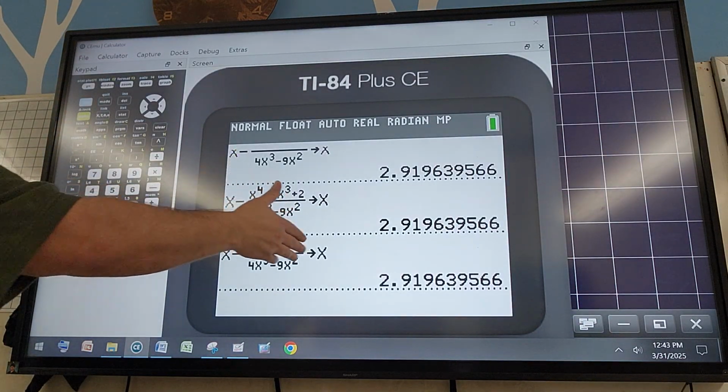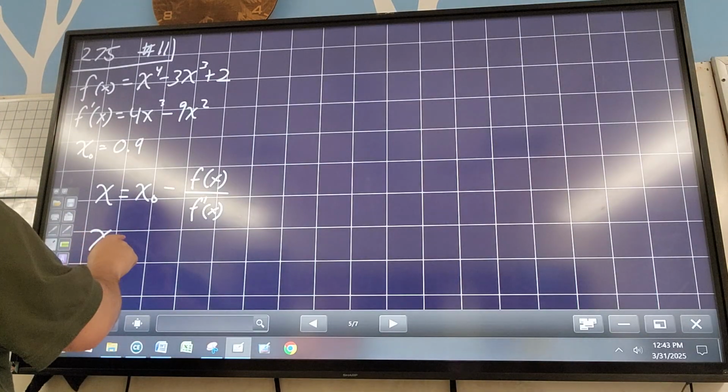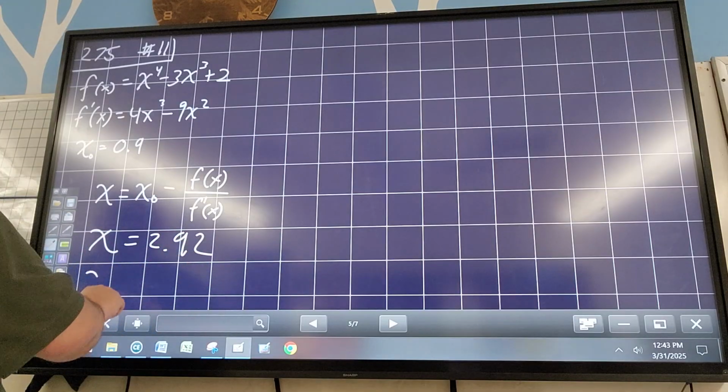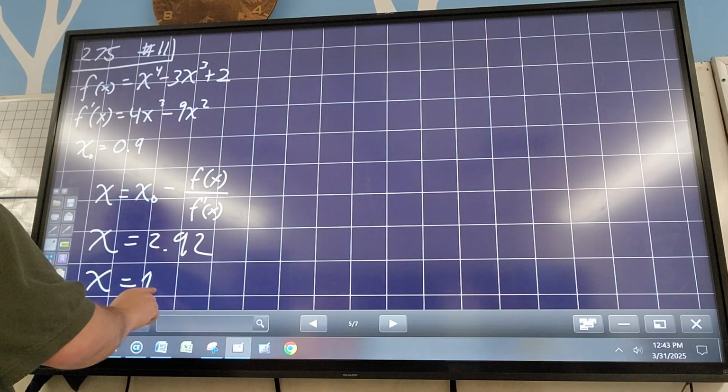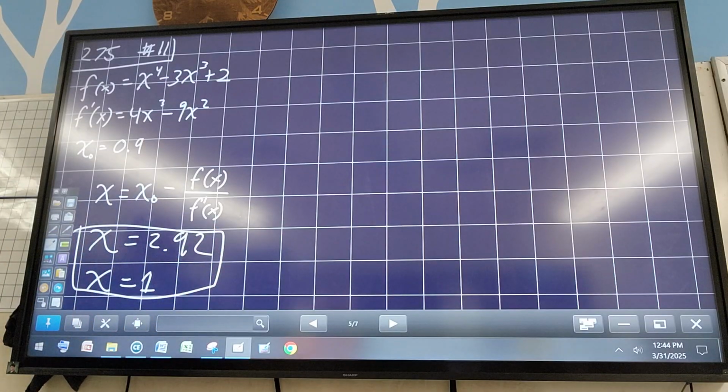So one of them was 2.92, effectively, and I think the other one was 1. So those were your two answers. So how would you test where that particular function was increasing and decreasing without graphing it?